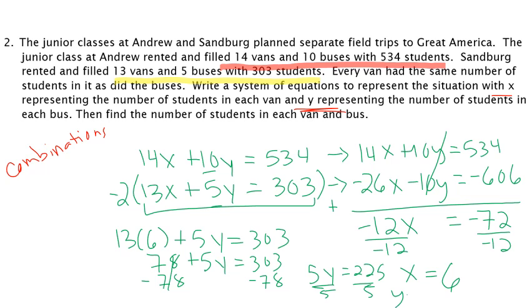And so we get y to be 45. So what that means is if we let x be the number of kids in a van, there are 6 students per van, and y means that there are 45 kids per bus.